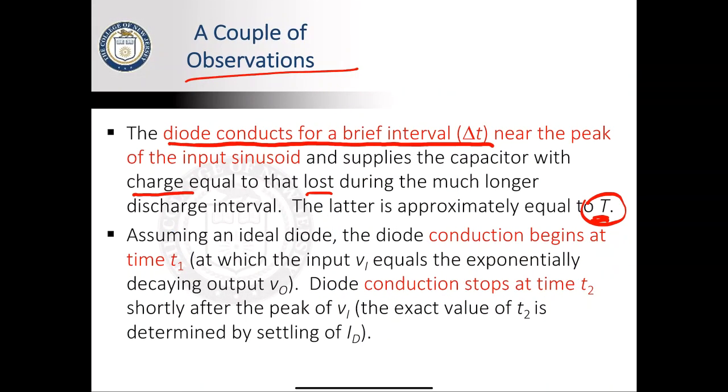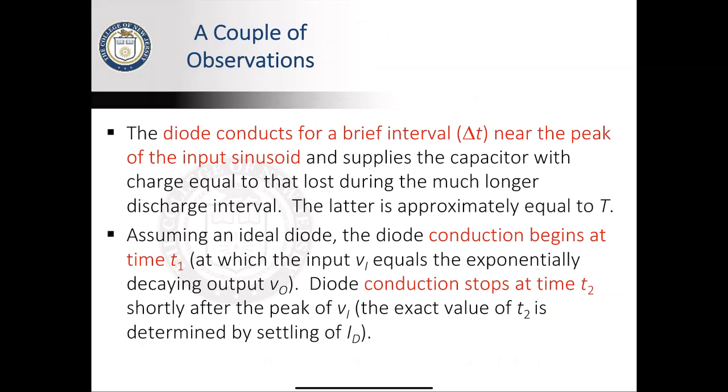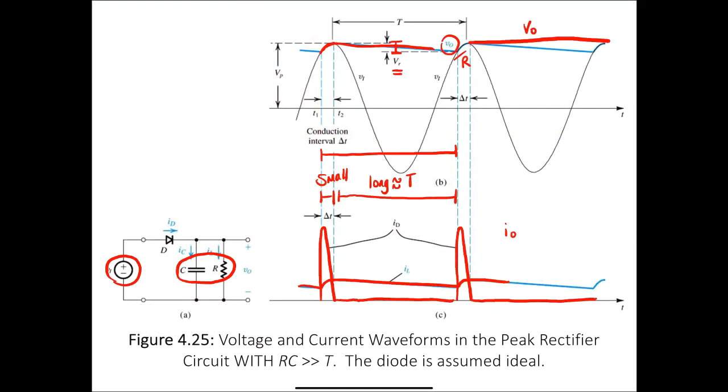Second observation is, if we assume an ideal diode, conduction begins at time t1, at which the input Vi equals the exponentially decaying output Vout. So what is that saying? That the voltage decays and then charging begins where those two lines intersect, where the blue and the black intercept.